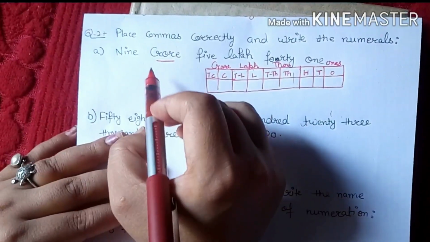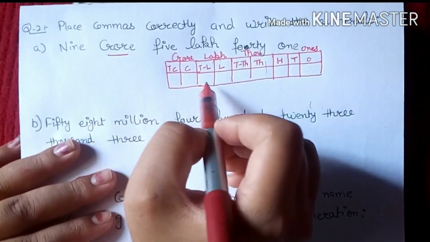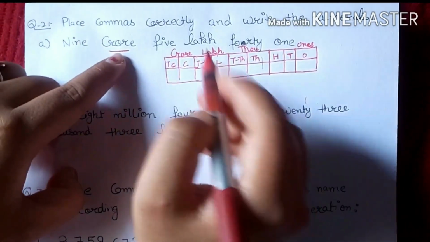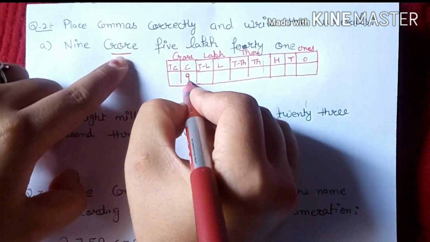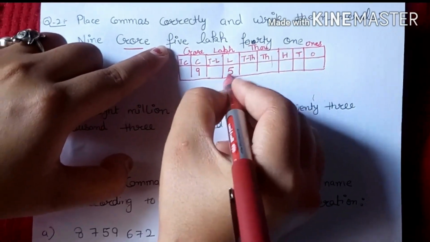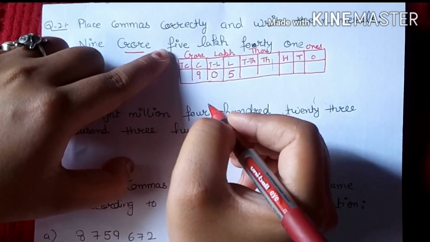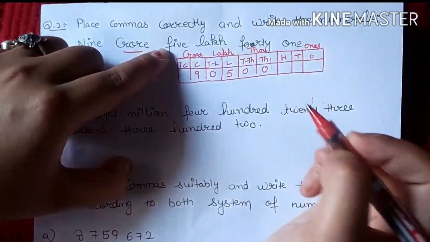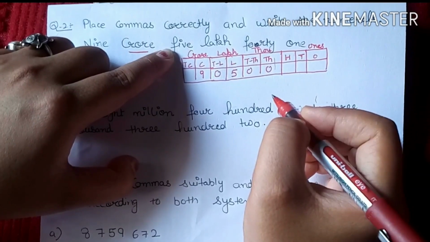Now put the values of the given question into that table. Let's begin. We have 9 crore. 9 crore 5 lakh. So 5 would be under the lakh. There is no 10 lakh, so there would be 0. There is no 1000 term, so in the place of 1000 we have to put 0 and 0.